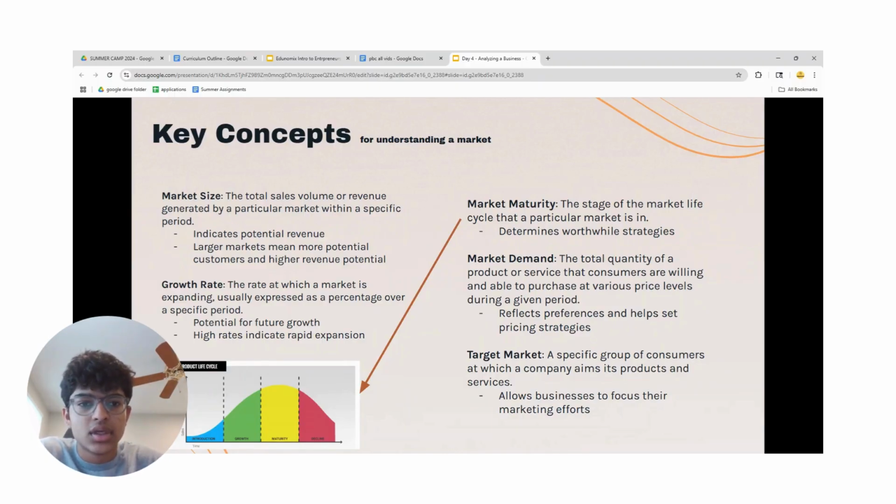Market maturity. There are a bunch of different stages of the product life cycle. This is the commonly accepted graph. The introduction stage is where the product is first brought to the market. Companies are investing heavily in advertising and marketing. Then you have the growth stage.